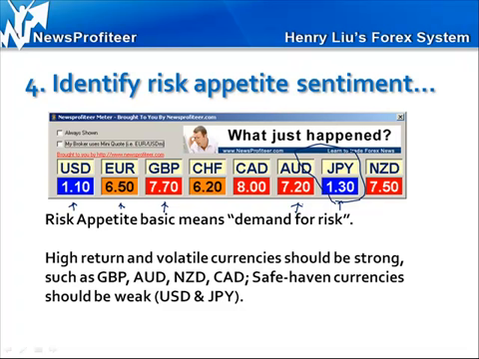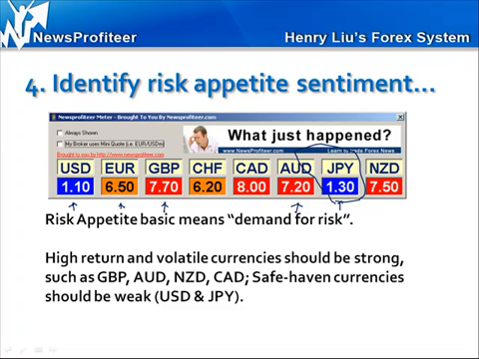So by looking at all these pairs, you could basically choose the best one, and by identifying that it is a risk appetite sentiment showing a weak yen and a weak dollar, you can just choose the best looking pair and hold on to a trade, because usually when we have a risk appetite sentiment, the market tends to move and continue that move throughout the entire trading day.